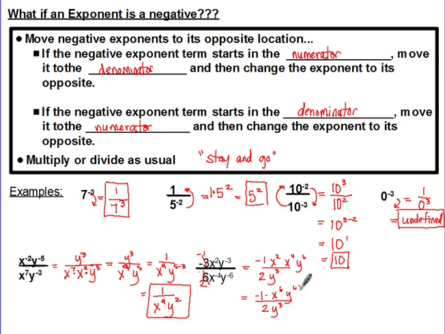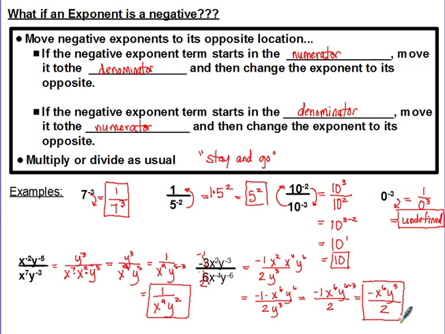So I'm going to have like bases on my division here, 6 minus the 3, so I'm going to simplify that one further: x to the 6, and then y 6 minus 3 will end up giving me y to the third. So all the x's eventually got combined together, all the y's got combined together using multiplying and dividing exponent rules.